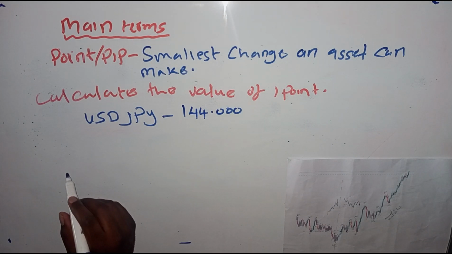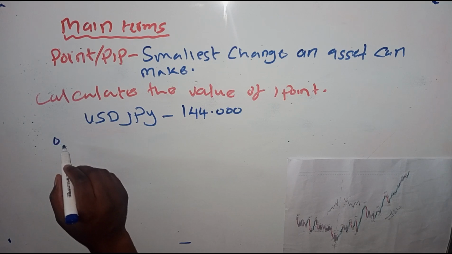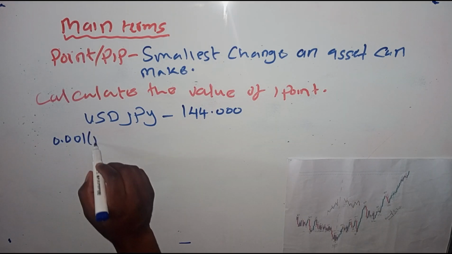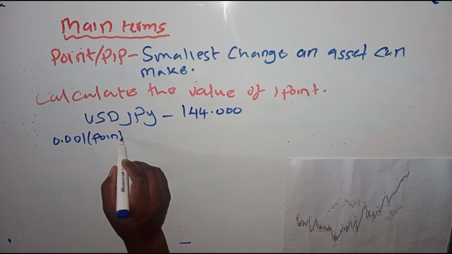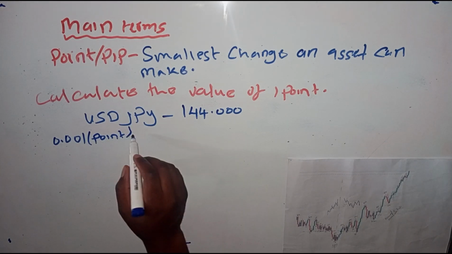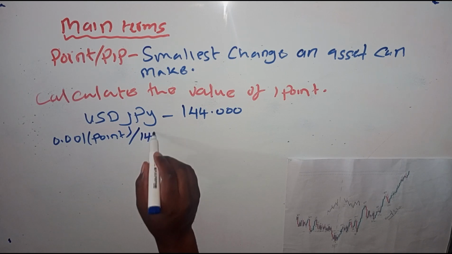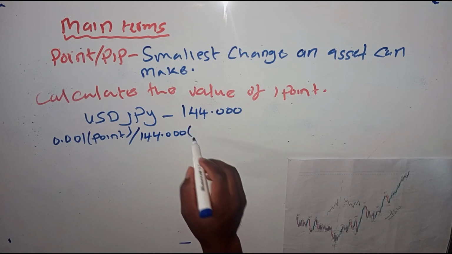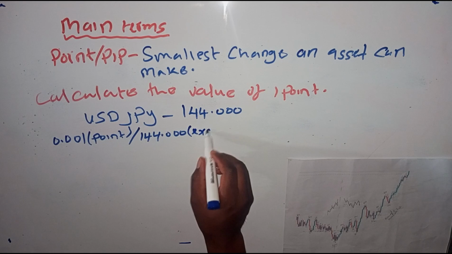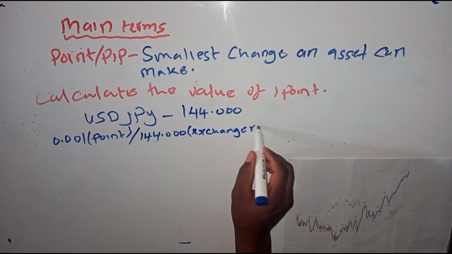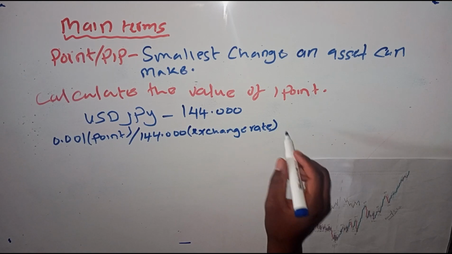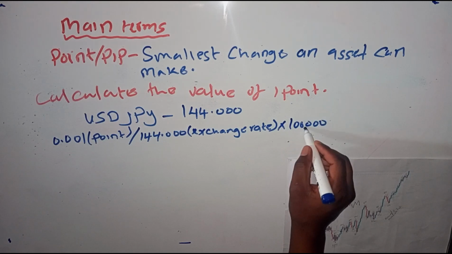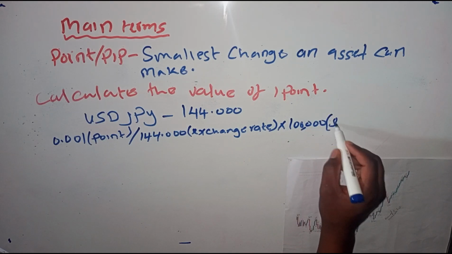So we say 0.001, this is a point, divided by 144.000, this is the exchange rate, times one standard lot, which is 100,000.